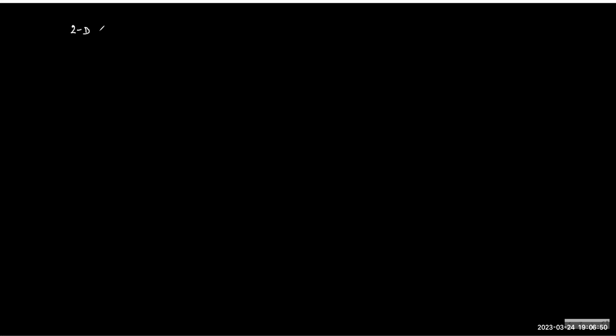So for 2D or 3D, you can just simply extend this definition. You write Fx dx plus Fy dy, and then put the limits respectively. Okay, so I will give you an example.